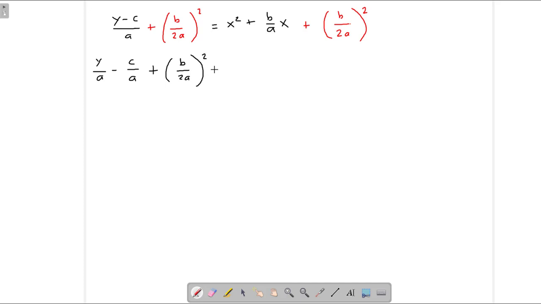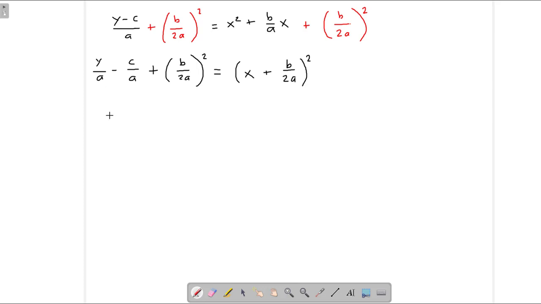And then the right-hand side, so I chose this b over 2a so that I could factor this right-hand side into a perfect square. So this is going to factor into (x plus b over 2a) squared. And you can FOIL this out, and you'll see that you end up with exactly this.